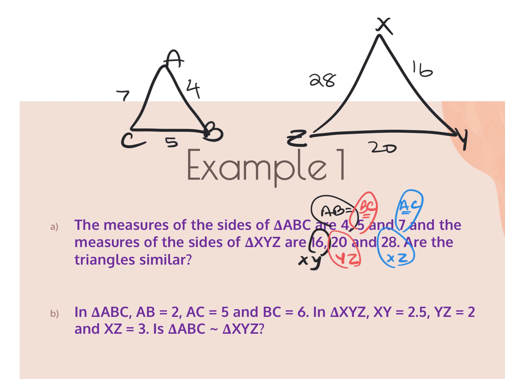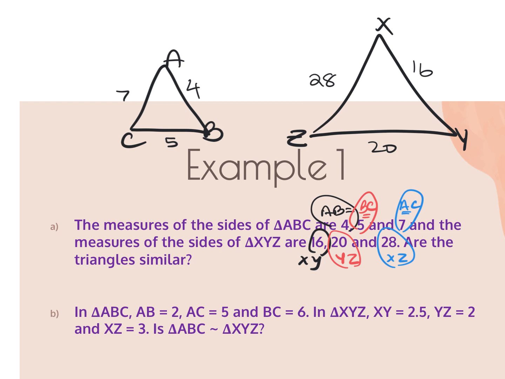It wants to know, are these 2 triangles similar? Notice it does not have a similarity statement, so I don't know if AB matches with XY or XZ or YZ, but what I can do, again, is look at the size of the numbers.